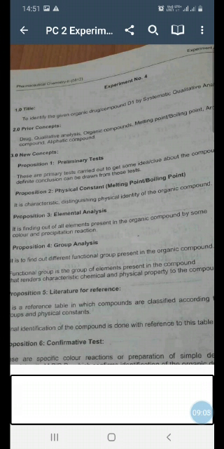Suppose against group 3A it is written ketones, esters, again ethers and so on. Again I will carry out the tests one by one. The test which I have already performed in the first group, that I will skip, and the next test I will do. Suppose in this group also I get a negative result, no problem.